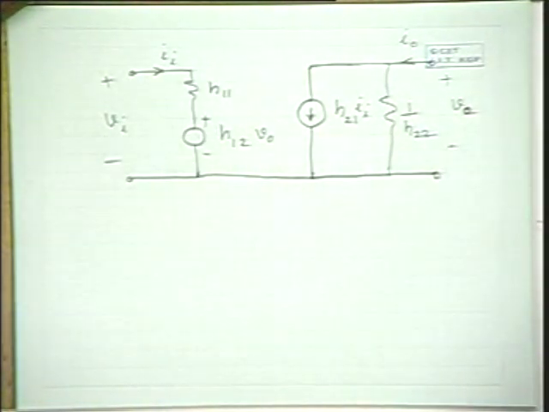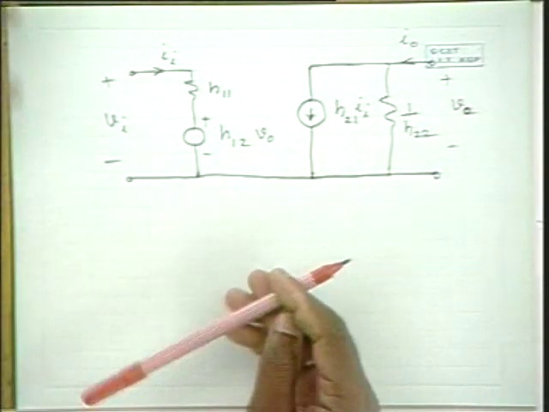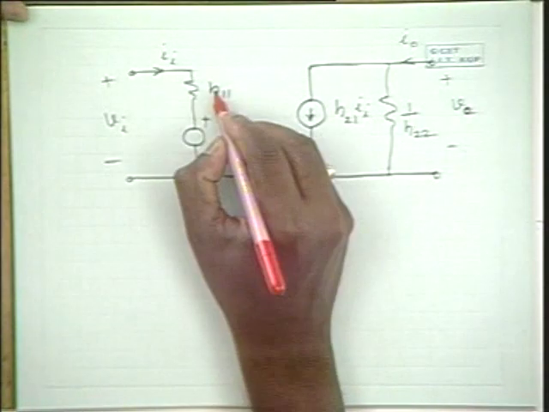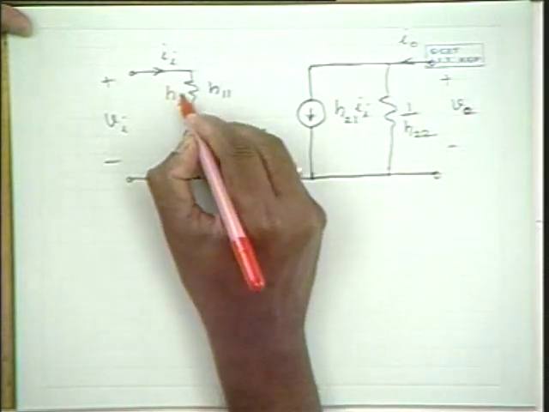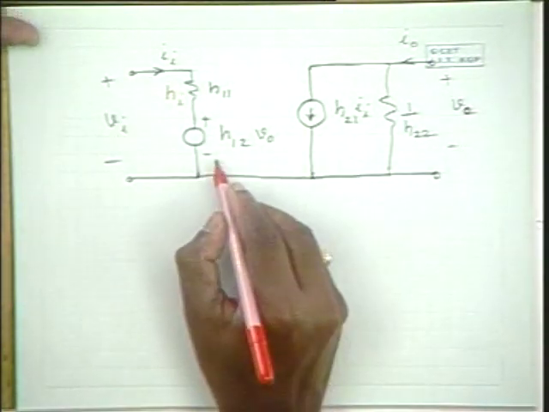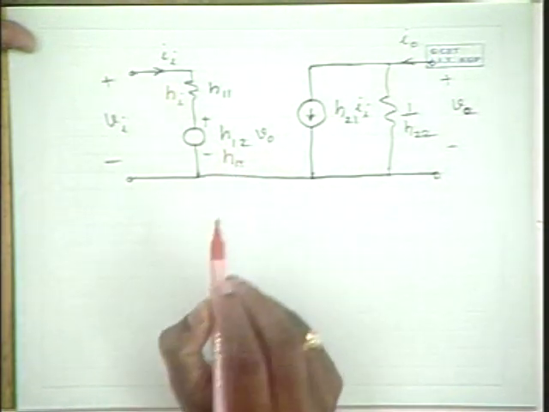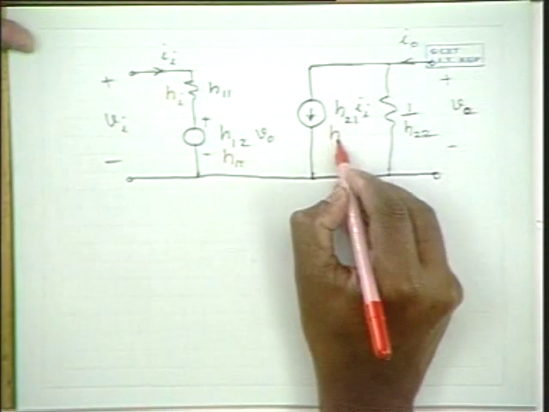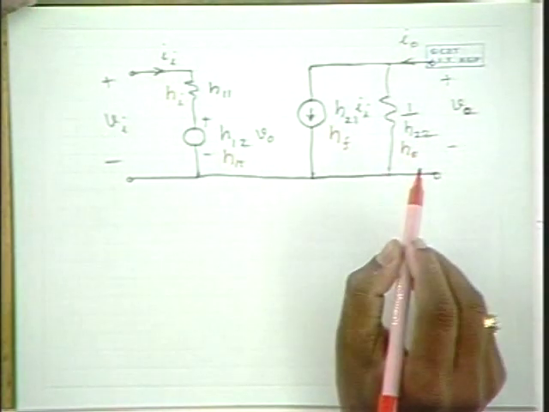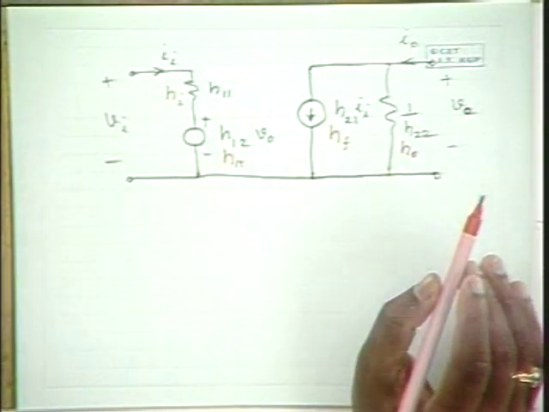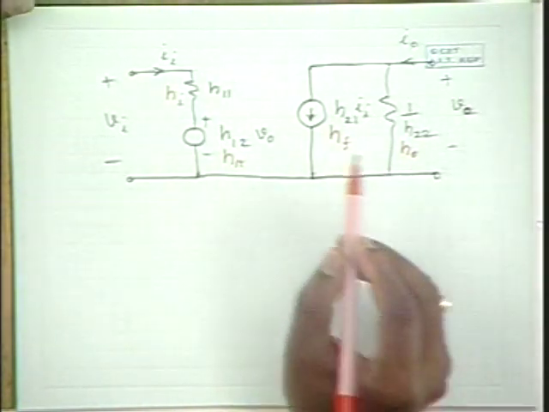In general, in transistor terminology, we use the symbol hi for this parameter, hr for this, hf for this, and ho for this parameter in the context of transistors. It's only a notational change, nothing else.